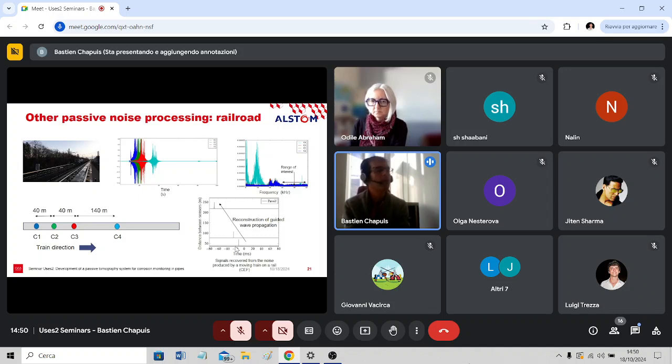For those who have followed my presentation about the rail monitoring system a few months ago, in practice, we didn't work with a passive system. We developed a fully active system, for different reasons. But with these experiments, we've shown that theoretically, a fully passive system could also work very well. You see that we have a very good signal-to-noise ratio to detect the wave propagating between the different sensors.